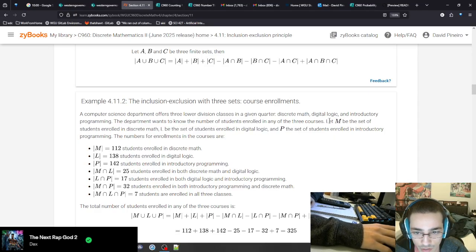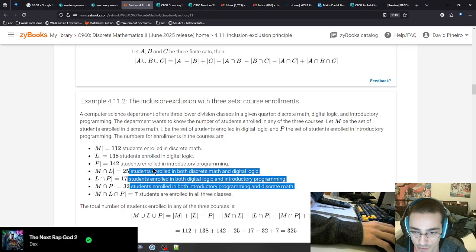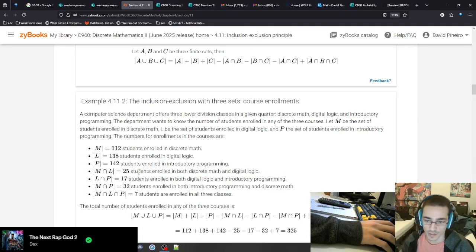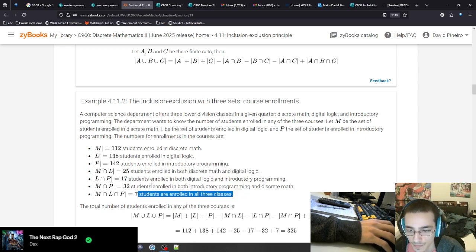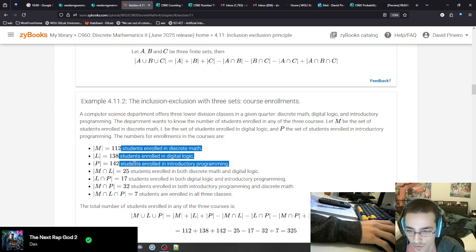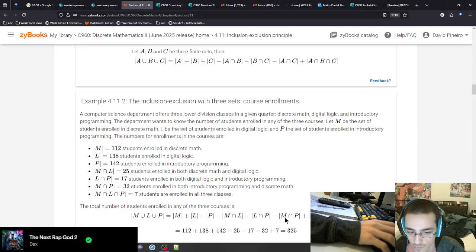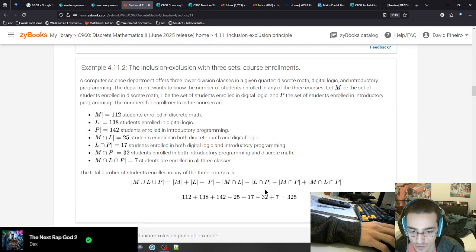So we got 3 sets. Because you can have students that are enrolled in multiple classes, that would make them count multiple times. That's the intersections. If all the intersections were 0, you would just be adding up all the sets individually, and you wouldn't need the rest of the formula.